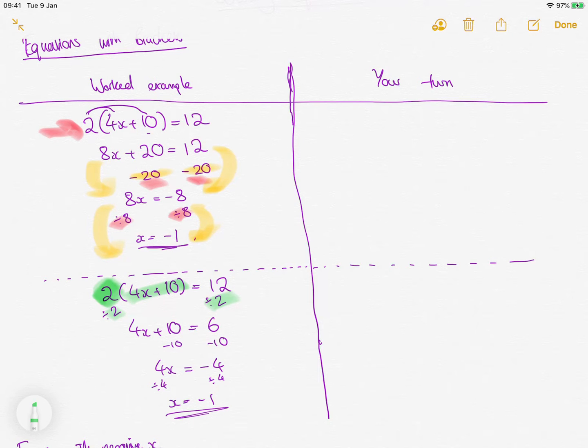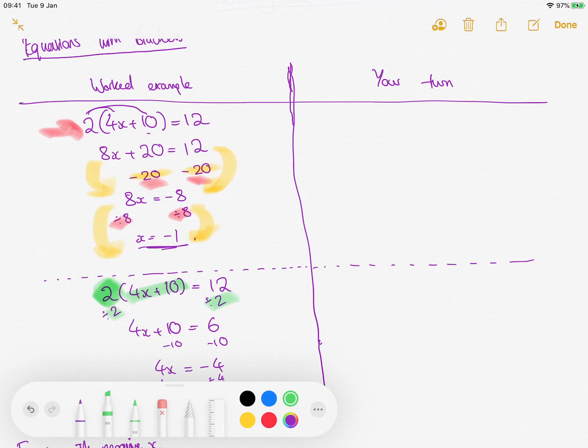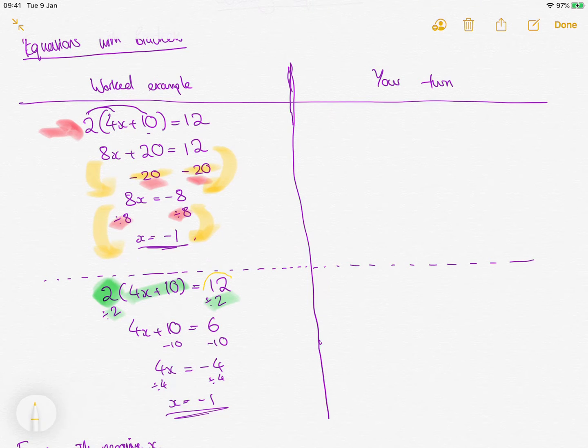That will always work, but I think it's easier to do that when the number on the right hand side, so let's put a circle around it, is easily divisible by this, meaning that 12 divided by 2 is easy to do. It gives me a whole number of 6.